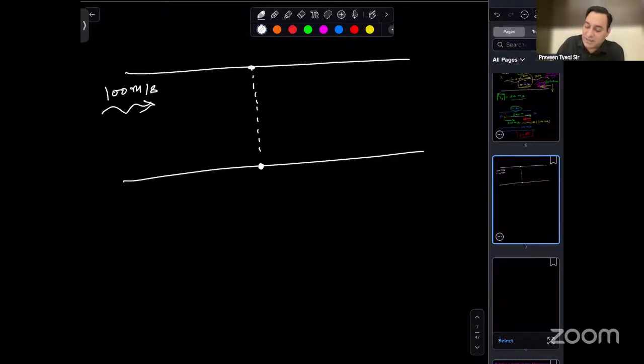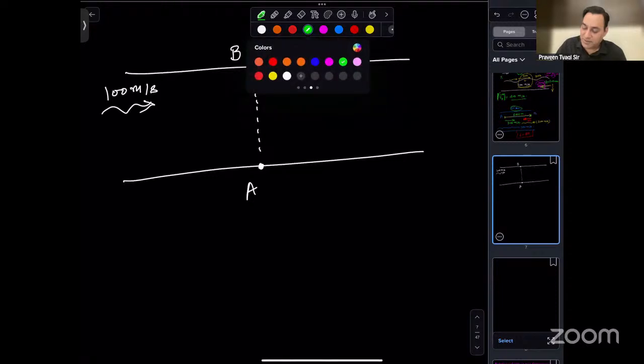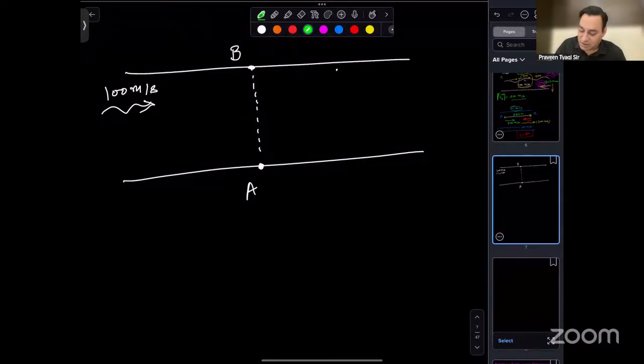Now, these are standard cases given in books, but still, it's my duty to explain this to you. So a man is at A, he wants to reach the directly opposite point on the bank. If he tries to swim in this direction, the swimmer's speed in this direction will be 200.